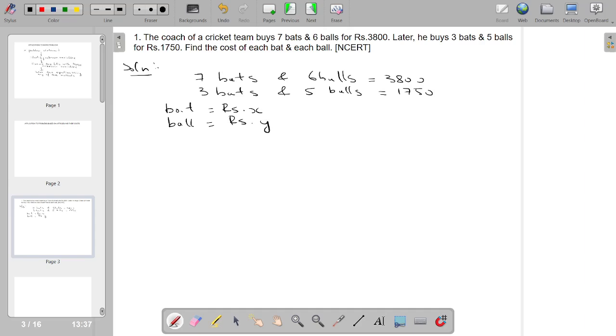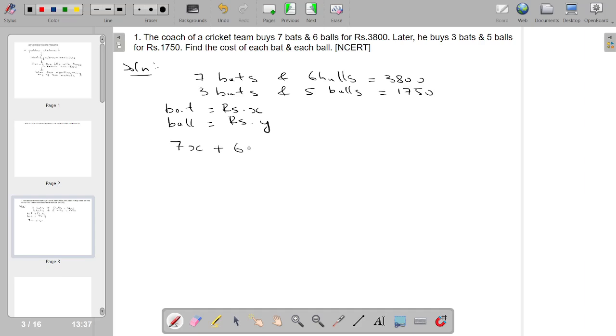Now with this data, we have to frame the equations. How can we frame the equations? What the problem is saying: the coach bought 7 bats and 6 balls for 3800 rupees. So 7 bats at what price? At rupees X. We don't know, that's why we are calling it X. And 6 balls.